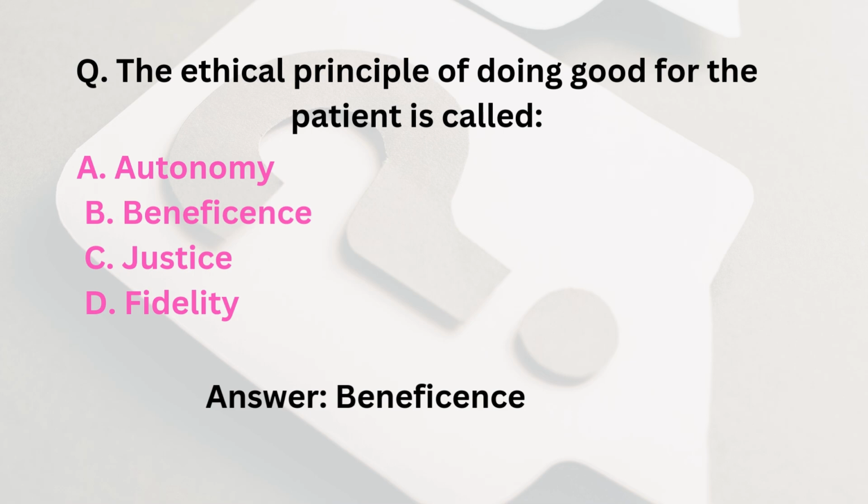We will see the meaning of all these ethical principles. What is autonomy? Auto means self. Autonomy means it is the right of the patient to make their own decisions about their health. What is beneficence? It is the ethical duty of healthcare provider to act in the best interest of their patients than their own interests.